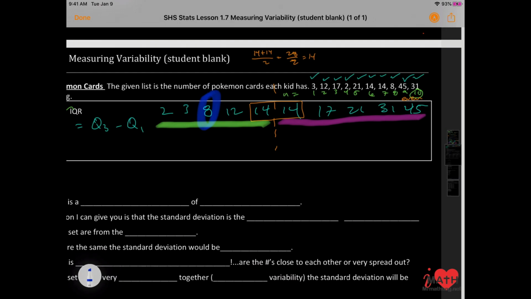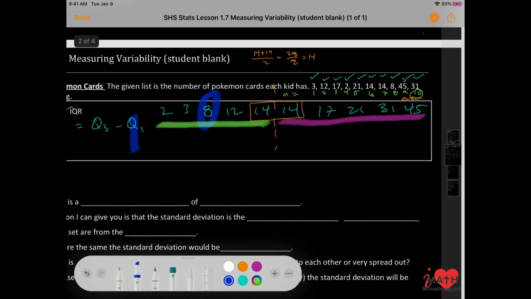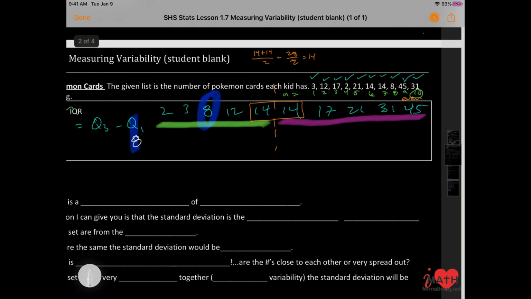That is my Q1. Let's write that. Q1 is 8. And so let's label that. That's my Q1.